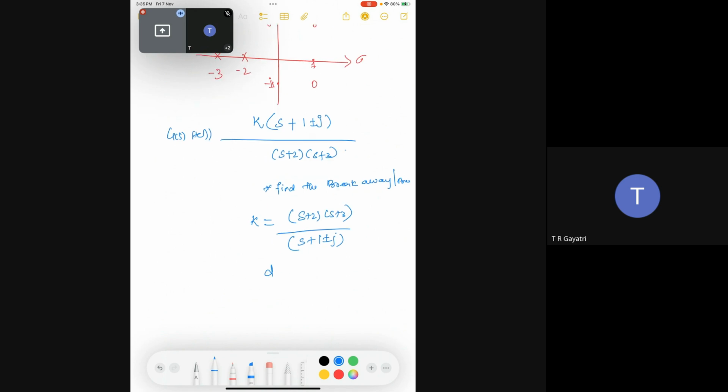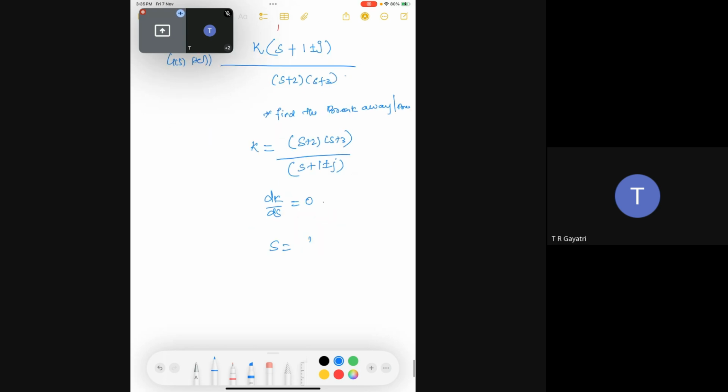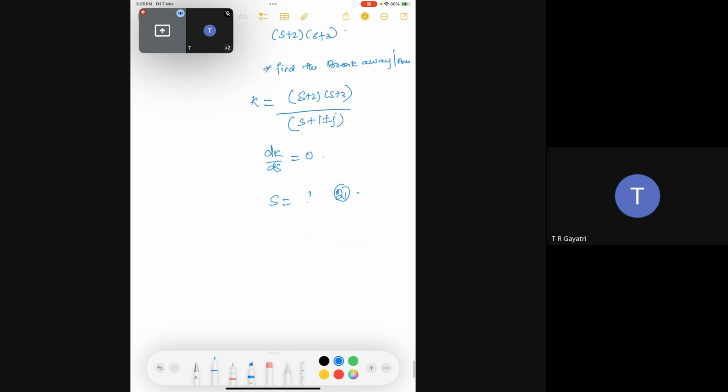Then do dk by ds equal to 0, and you would find s is equal to some values. Two values you will get because this is a second order function, no? So you can choose which one is valid out of the given answers. This is one potential question.